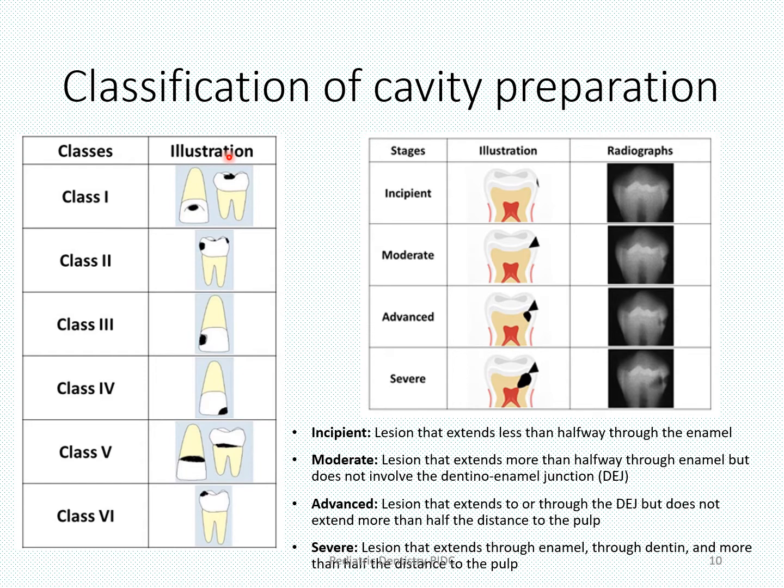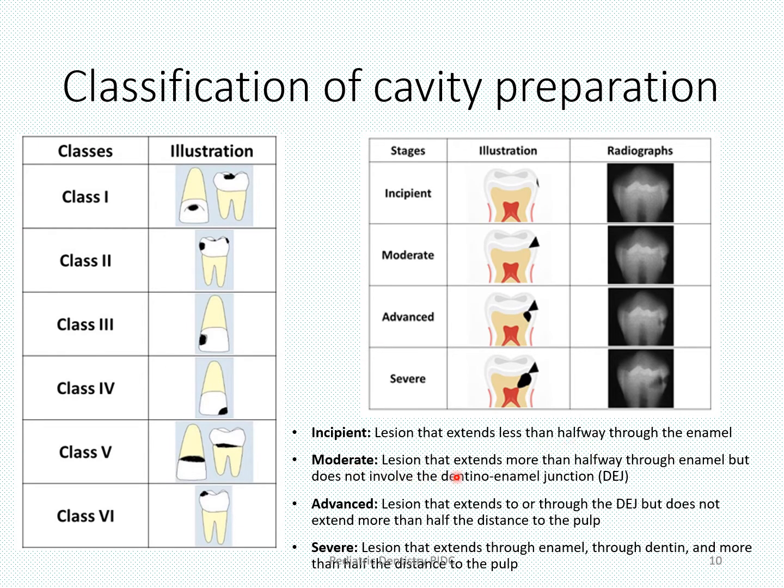The other classification that I want to share with you is the radiographic classification. You must have heard about incipient caries, moderate caries, advanced caries, and severe caries. This is what is meant by that. Incipient caries is a lesion that extends less than half through the enamel.